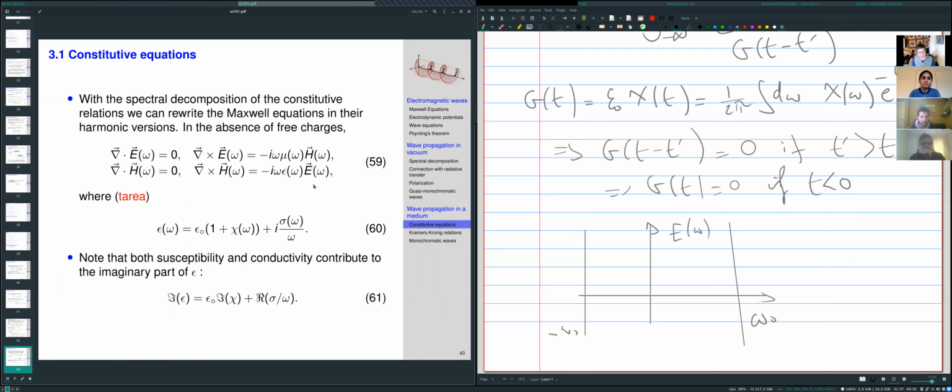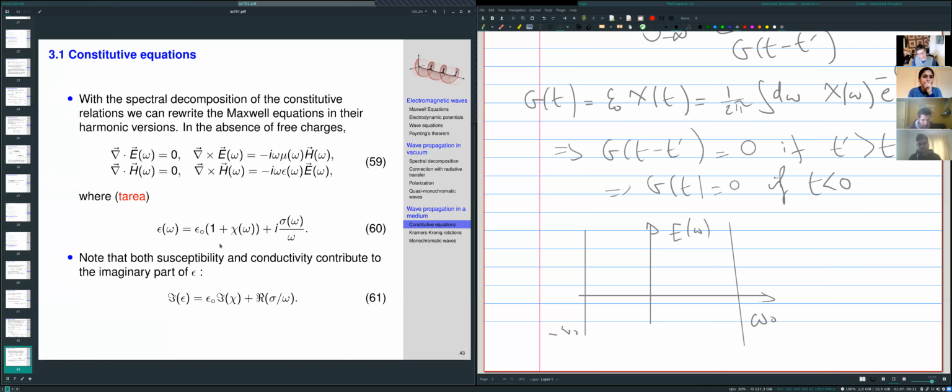for the Fourier components. Now, it's important to realize that this epsilon, which gives us the proportionality, is actually expanded this other way, which is related to the electric susceptibility.